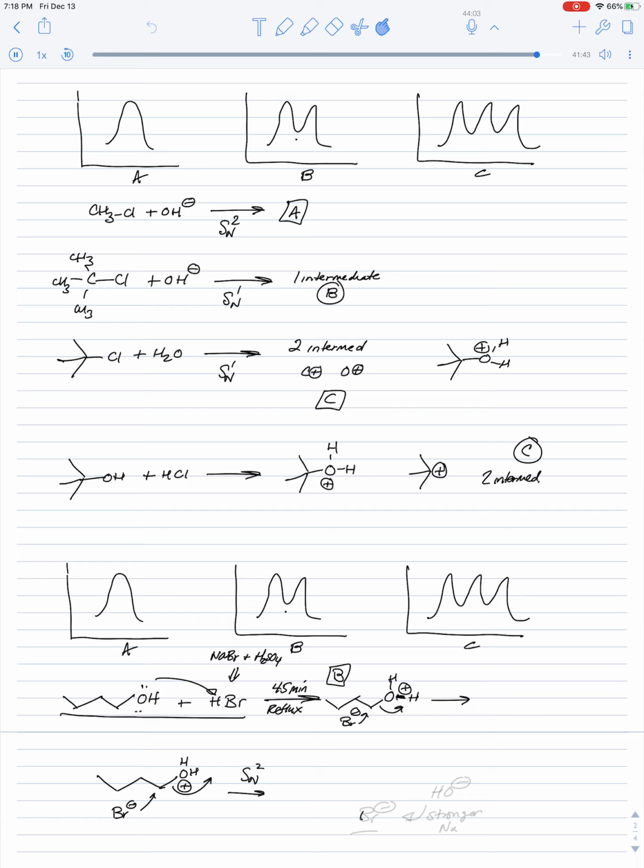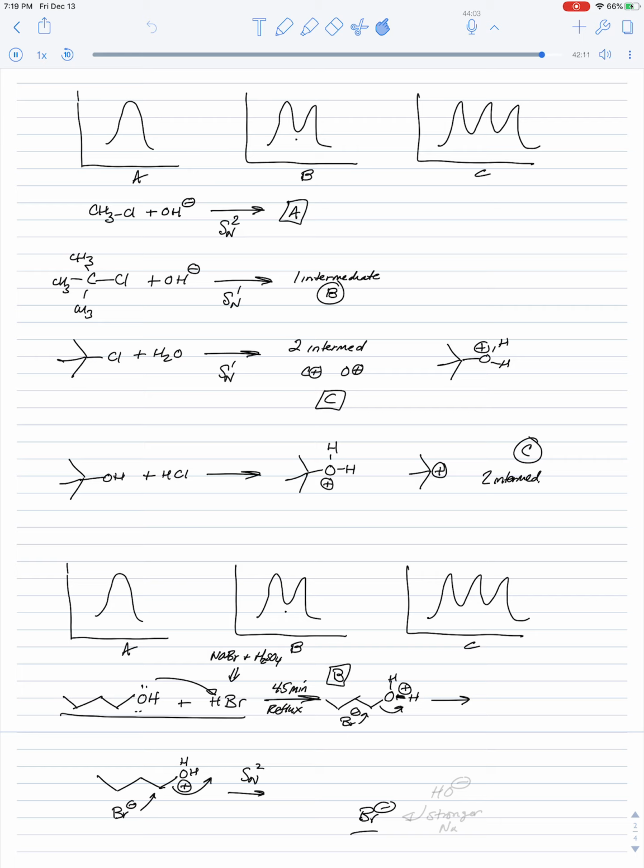Because what's Br minus? It's a weak base. It's not even a base, right? Put bromine in water, it's not deprotonating water, because it came from HBr, a strong acid. So Br minus, we'd say, well, that's a weak base, but what kind of nucleophile is it? We consider it to be strong, but the only thing that's strong about it is its negative charge.